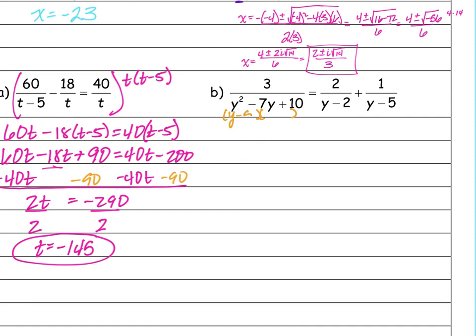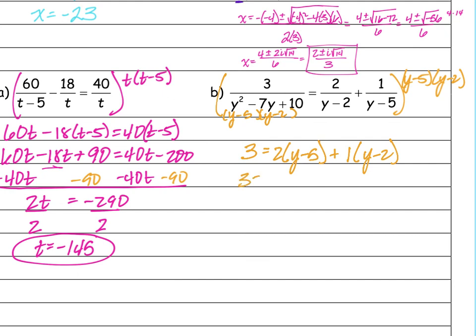Y minus 5, y minus 2. So my common denominator is y minus 5 and y minus 2. If I get rid of the top and the bottom, I get left with 3 with nothing left. Then 2 times the y minus 2 cancels out, so I get left with y minus 5. Plus 1 times the y minus 5s cancel out, and I get left with y minus 2.